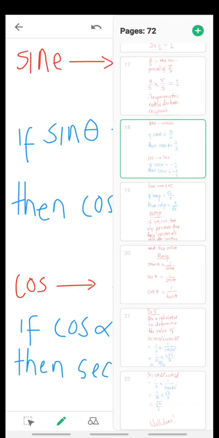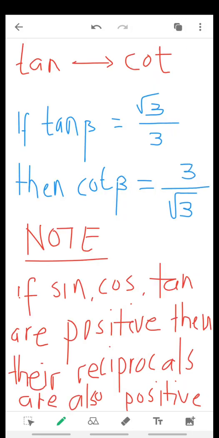Well done. Now let us look at the last one. What is the reciprocal of tan? We call it cot. So if tan beta is equal to square root 3 over 3, then its reciprocal cot beta will be equal to the opposite, which is 3 over root 3.